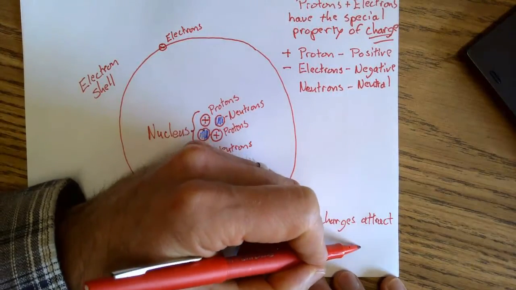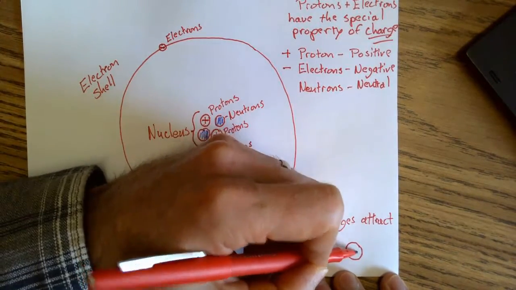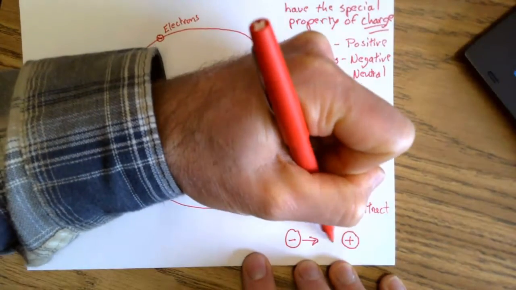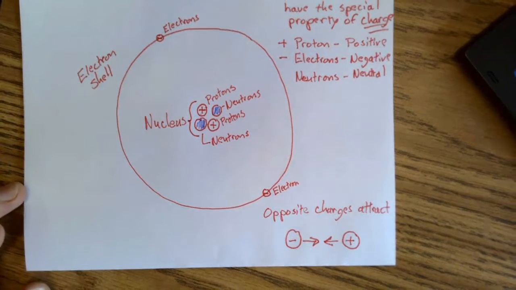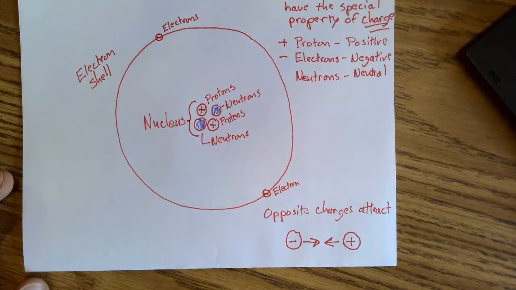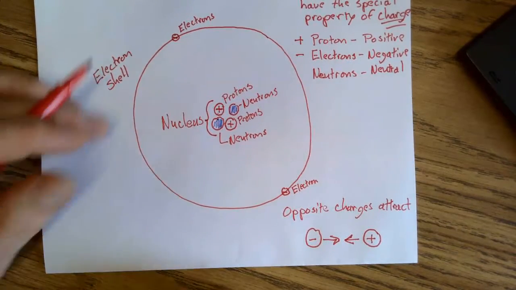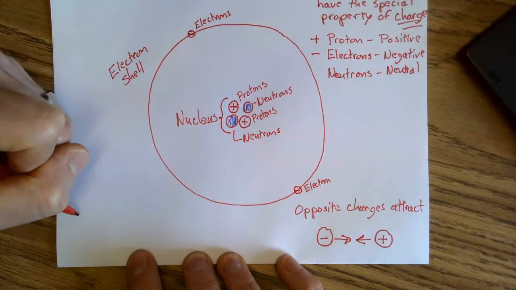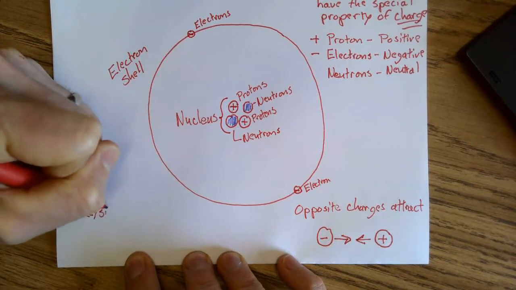For instance, if we have an object over here that is positive and an object over here that is negative, the two will be drawn to each other. Opposites will attract. Wait a minute, maybe this is starting to make sense. Yesterday when some of those objects mysteriously were attracted to each other, it must have had to do with opposite electric charges.